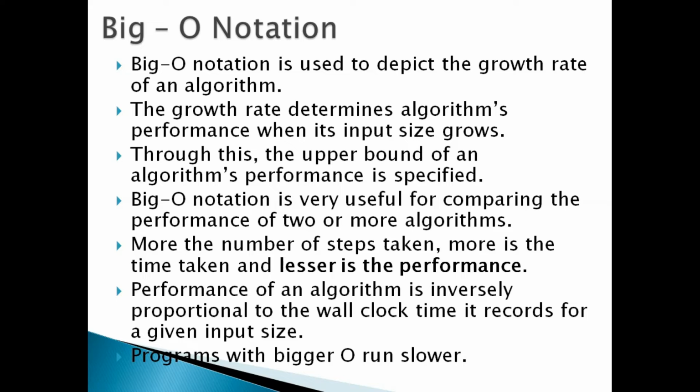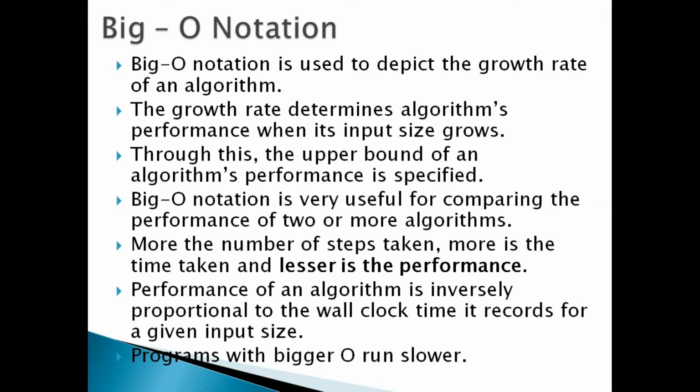If there is a single element to search, then there will be a single comparison. As the number of inputs increases, the growth rate of the algorithm will also change. So a mathematical notation to define the growth rate of an algorithm is called big O notation.